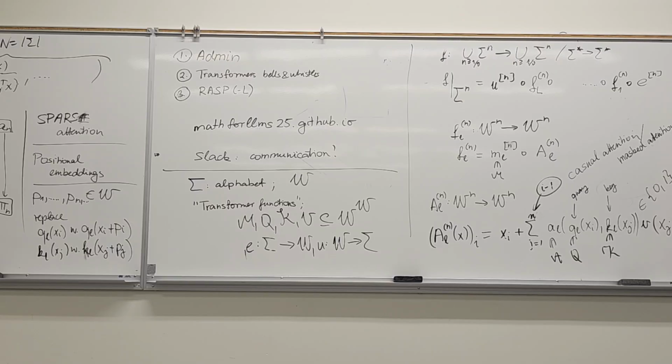Okay, but people don't use this anymore. Here, the p_i vectors. There was some suggestion that there should be special vectors that represent positions. And then people said, we can train these things.